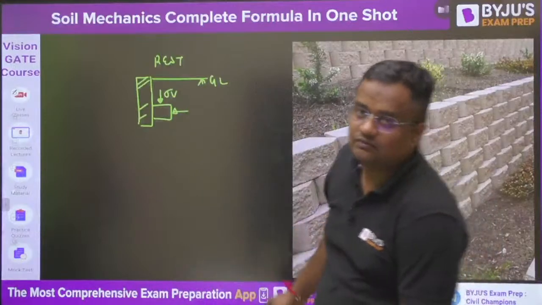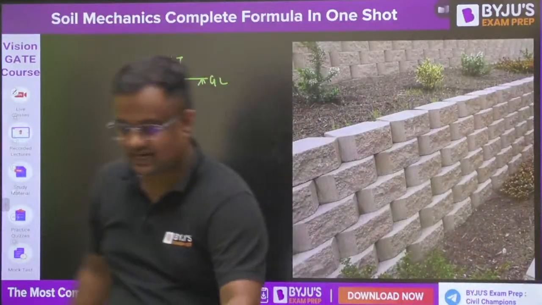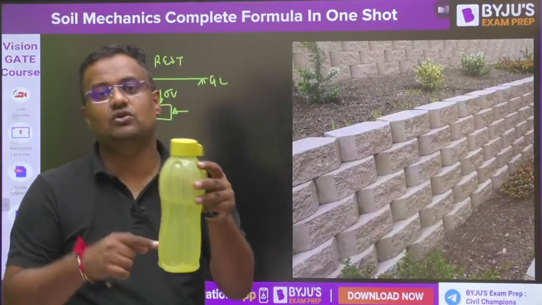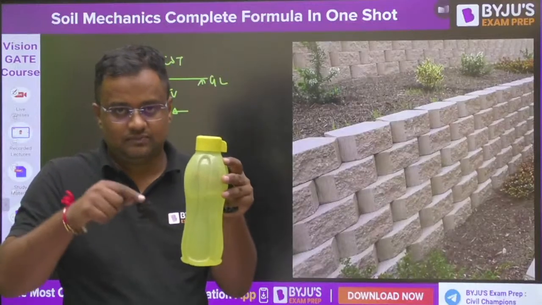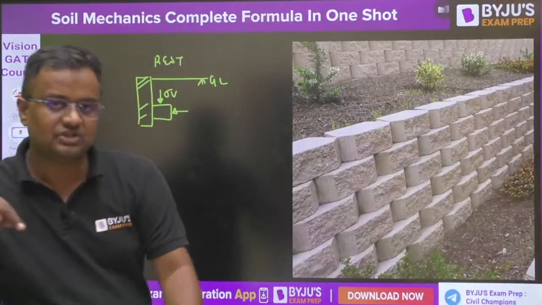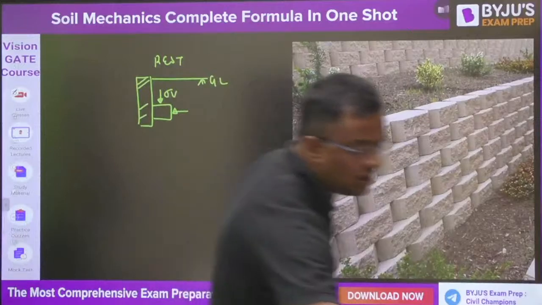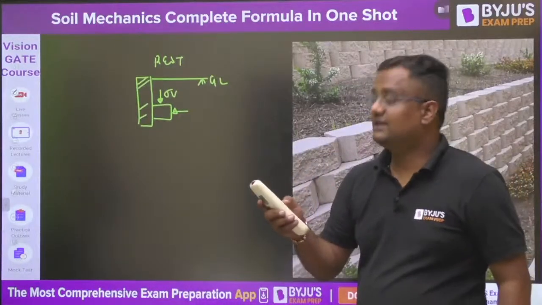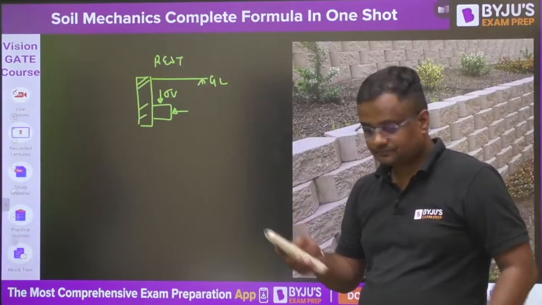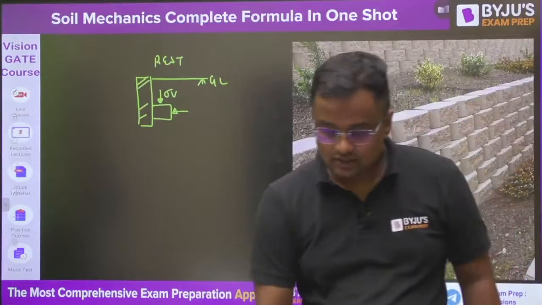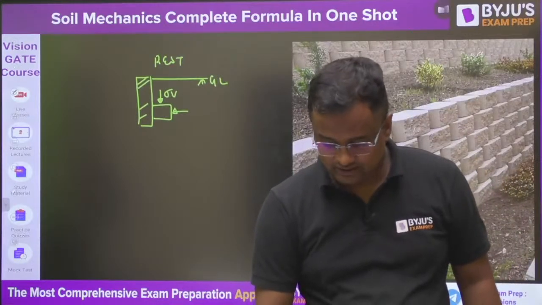It is not like in water, where at H height below, the pressure gamma W H is in all directions. But soil is not as homogeneous as water.